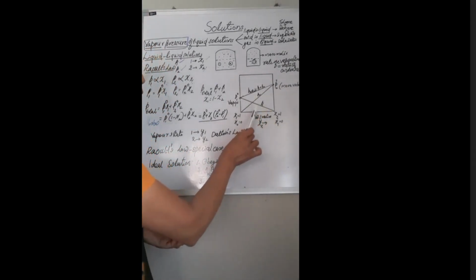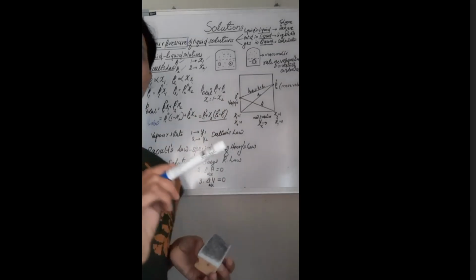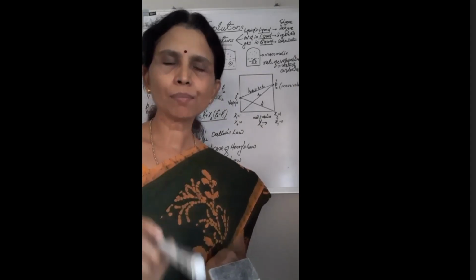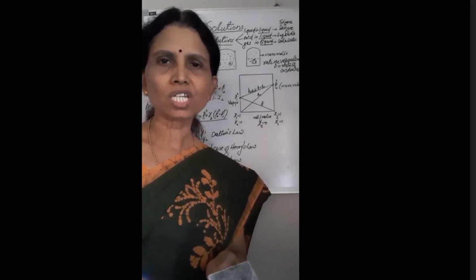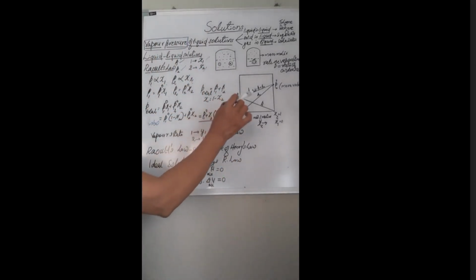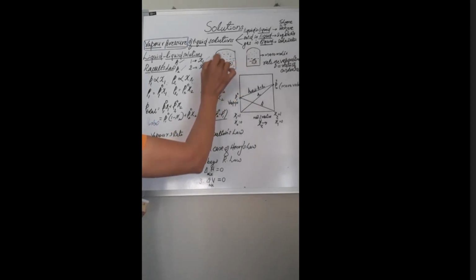So this is Raoult's law. Once again, Raoult's law states that the partial vapor pressure of each volatile component is directly proportional to its mole fraction in the solution.